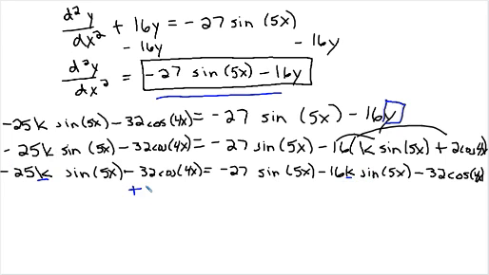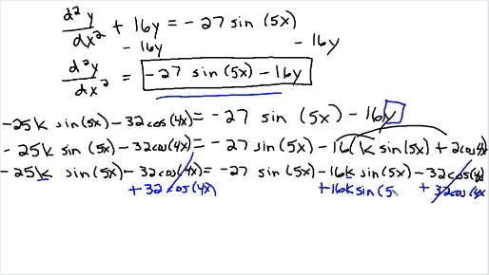If I add 32 cosine of 4x to both sides, they both go away. Boom, gone. And now I'm going to take this thing over here to get all the k's together. So I'm going to add 16k sine of 5x to both sides.